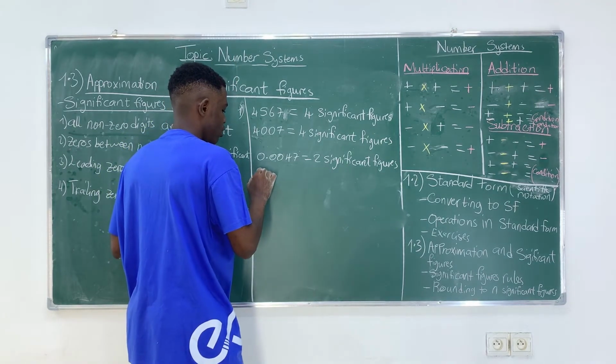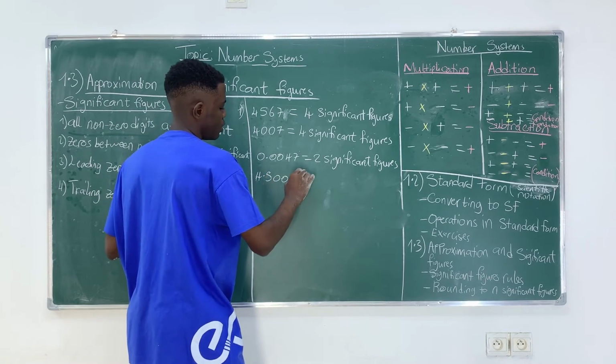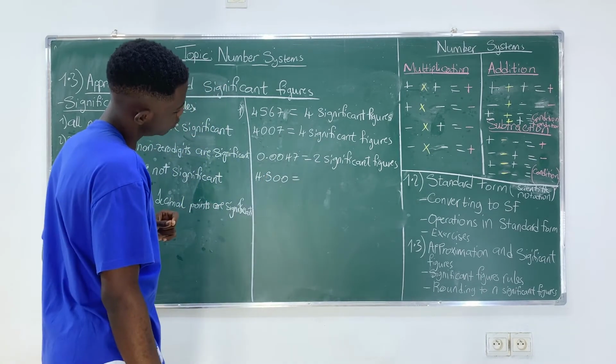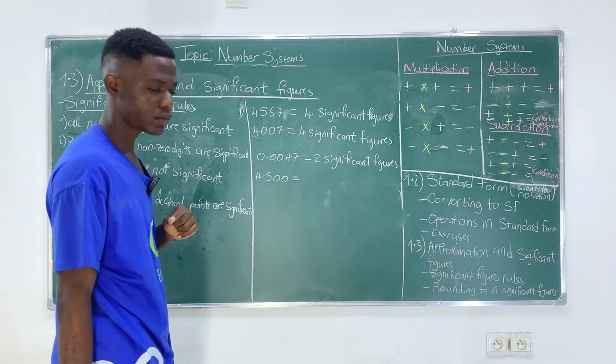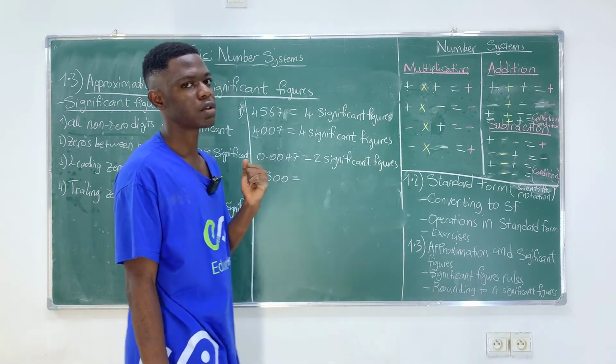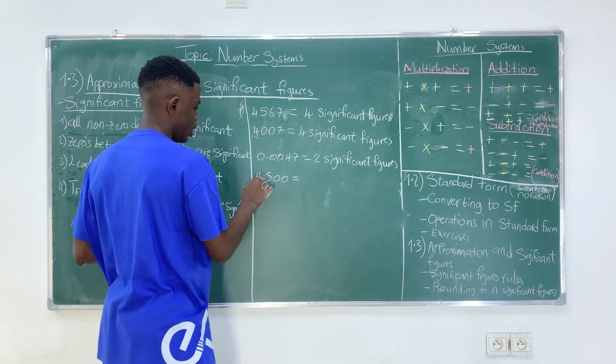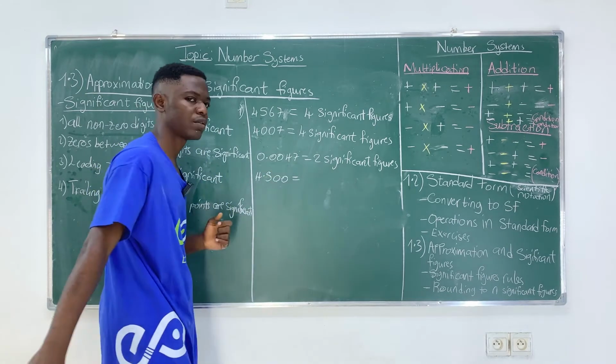So if you have 4.500, how many significant figures is this going to have? This is actually going to have 1, 2, 3, 4 significant figures.